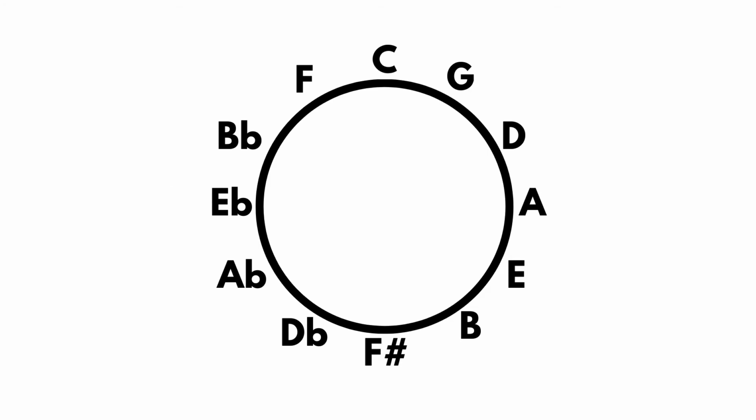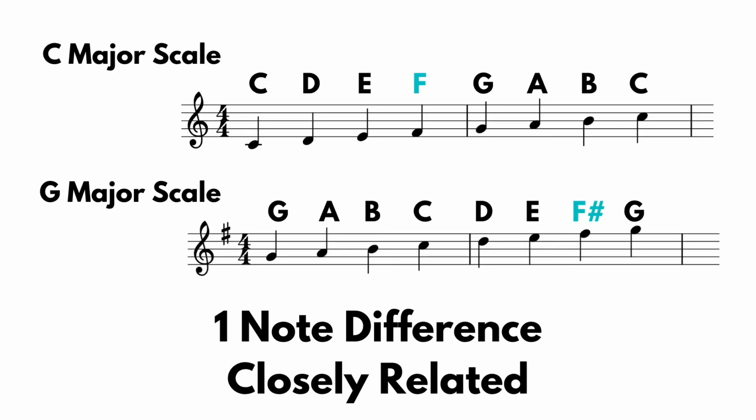Another benefit to knowing the circle of fifths is that it can help us determine which keys are closely related. Keys are closely related if they have many notes in common. For example, C and G are very related because they have only one note that is different amongst the major scales.